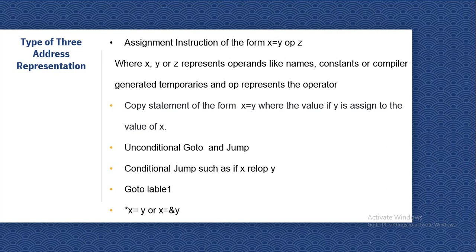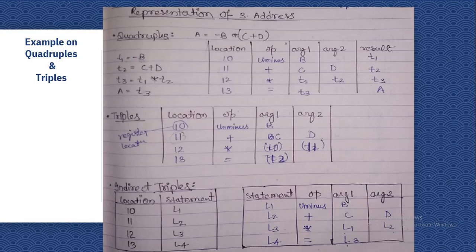In this lecture, we will discuss some examples based on this three address representation. The first example is about what kind of questions you will get in the examination. In the examination, a single question can ask what are quadruples, triples and indirect triples.